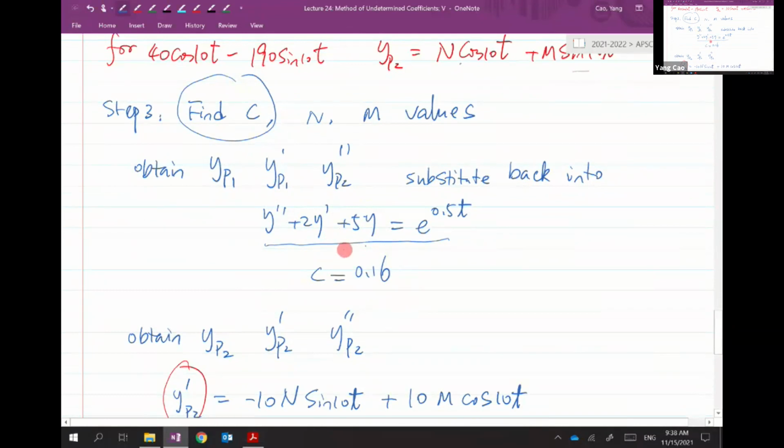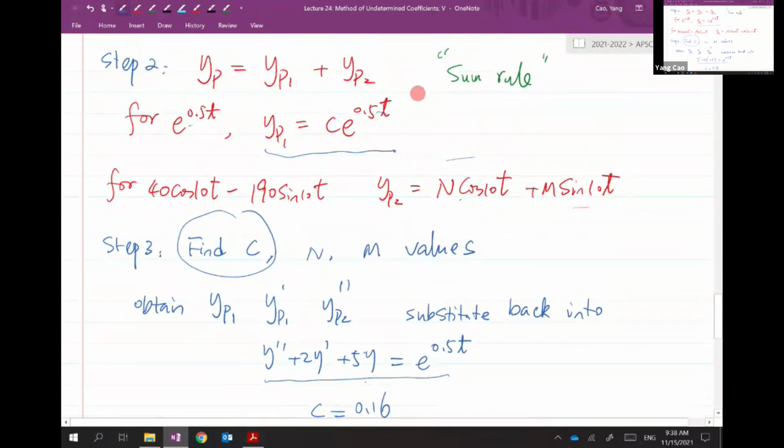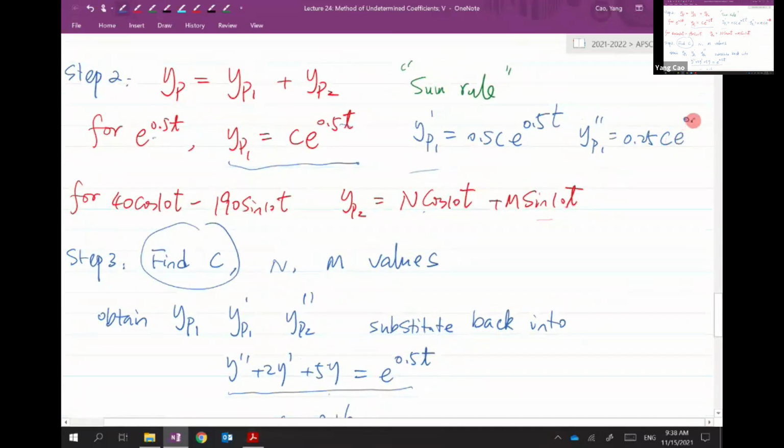What is what? What is YP? Okay, so let's see. So YP1 prime is 0.5c, this, right? Then YP1 double prime is 0.25c e to the power 0.5t.